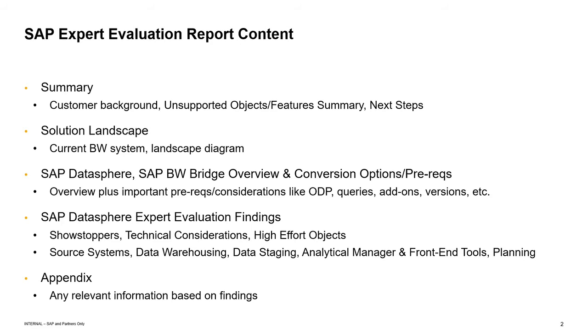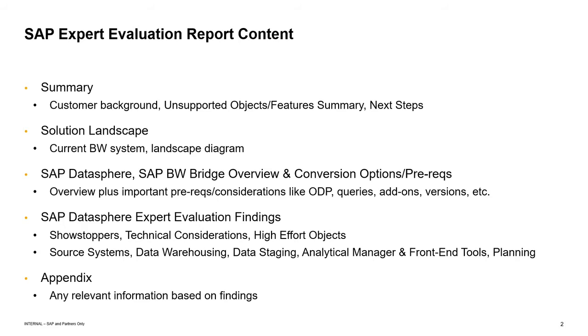Then we do a breakdown by different categories of a BW system: source system information, data warehousing, the data staging, the analytical manager, front-end tools, and planning if applicable. In all of these cases, we're looking to do a breakdown on the objects. This is a similar output to what you would see in the Excel, except in this report, it's much more detailed in terms of the findings.